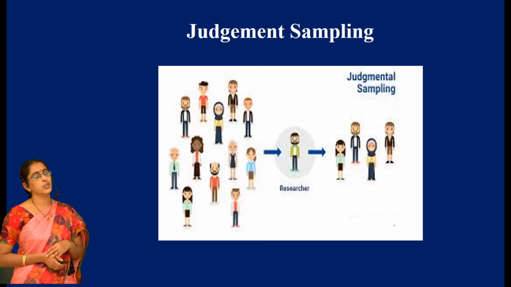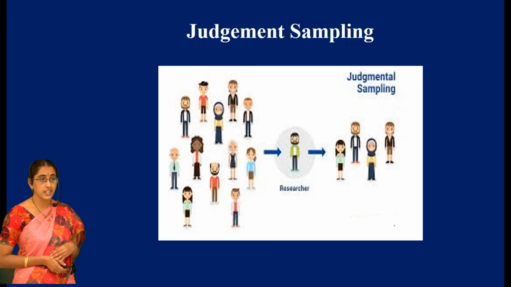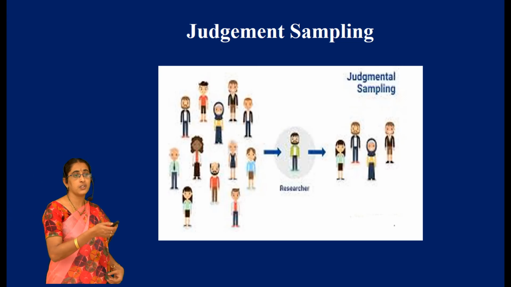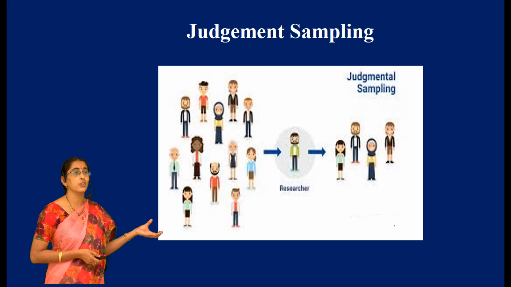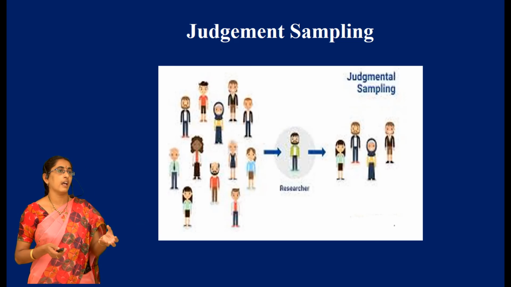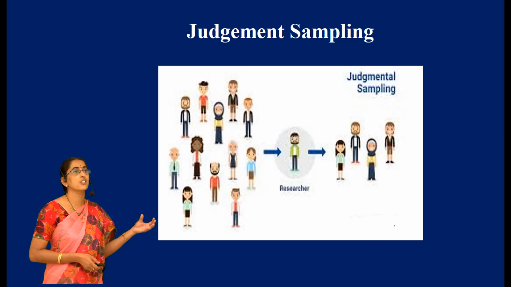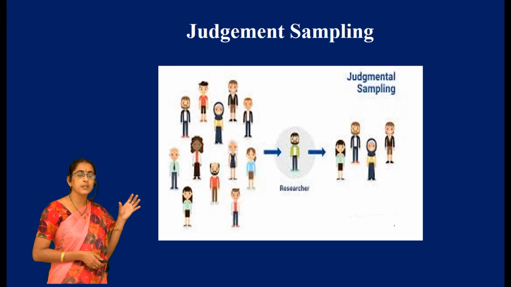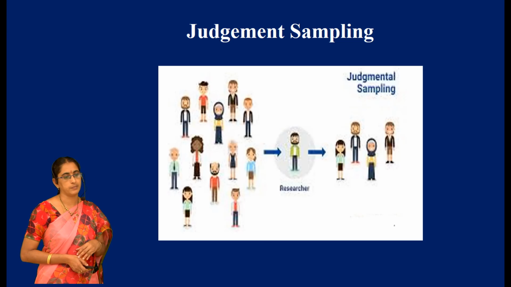You can see the recruitment process: even though other candidates are extraordinary for a particular position in a company, due to some recommendation the recruiter is forced to take a person who does not have all the characteristics of that position. That is judgment sampling. It is completely a biased sampling, right?